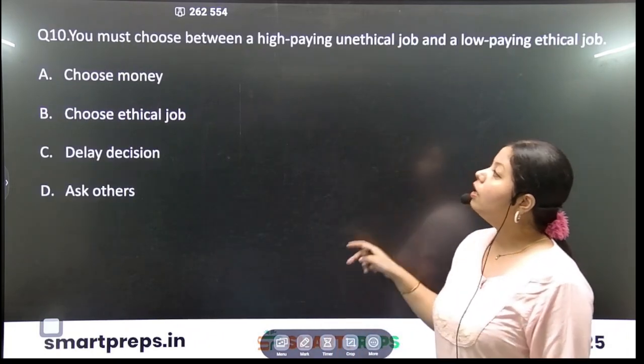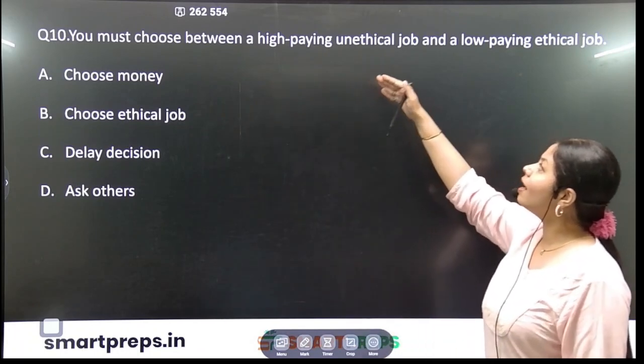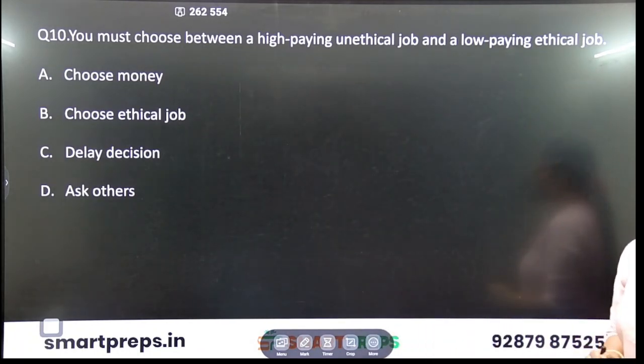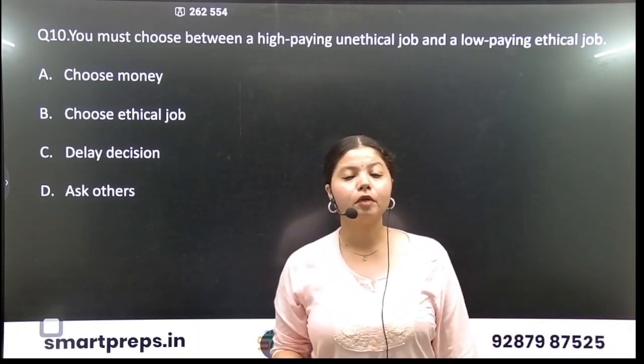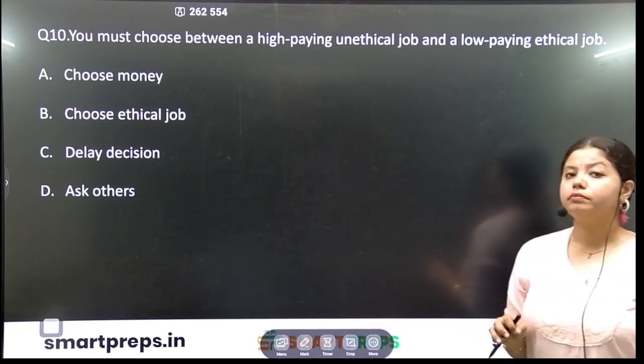Next question: you must choose between a high-paying unethical job and a low-paying ethical job. The unethical job is giving you a high salary, and the ethical job is giving you a low salary.